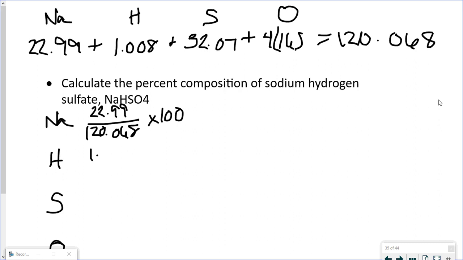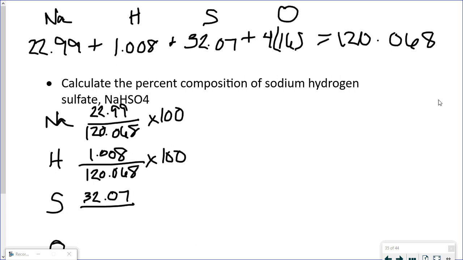Hydrogen is going to be 1.008 over the mass of the compound, the 120.068. For sulfur, the mass of the element was 32.07 over the mass of the compound, the 120.068.